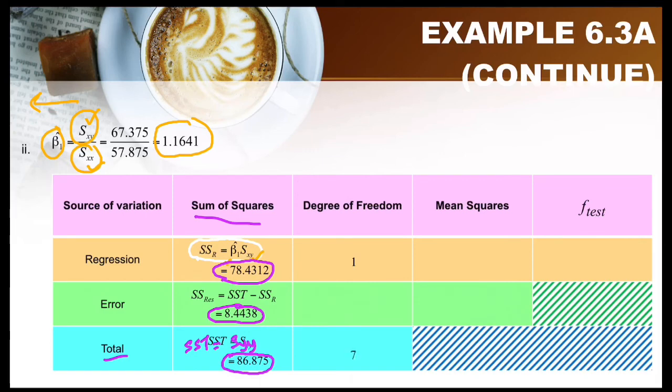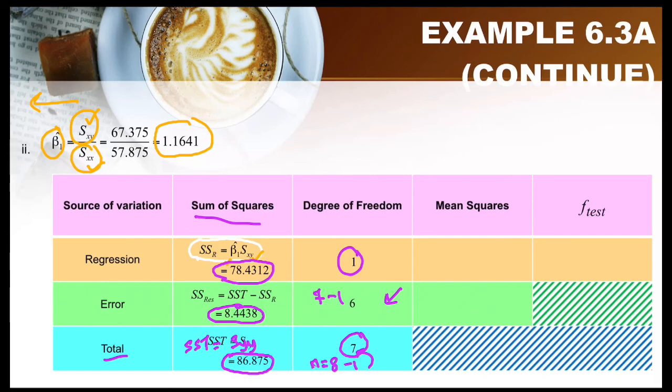Degree of freedom total, why 7? Because our sample is 8. 8 minus 1 equals 7. So how do we get degree of freedom error here? 7 minus 1. Okay, you will get 6.